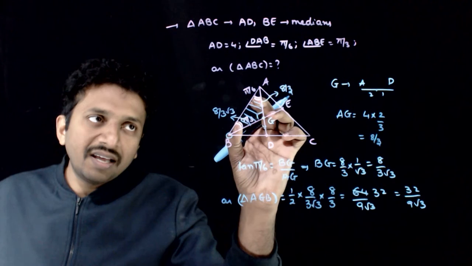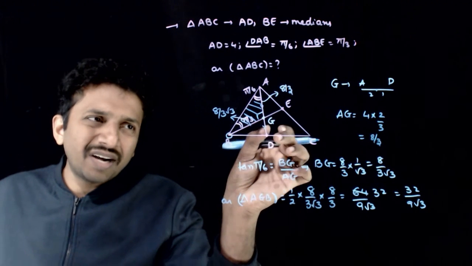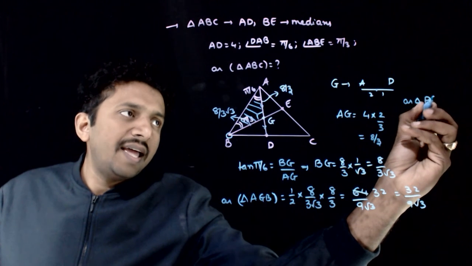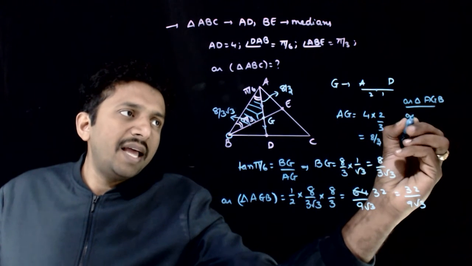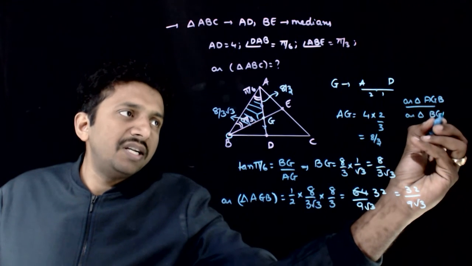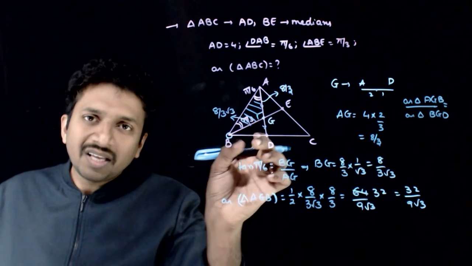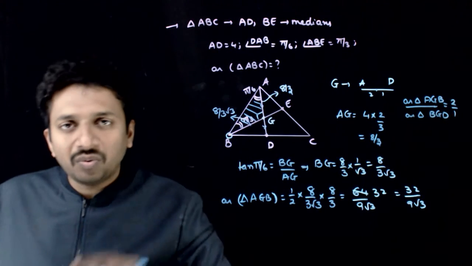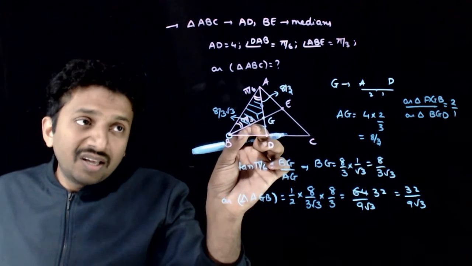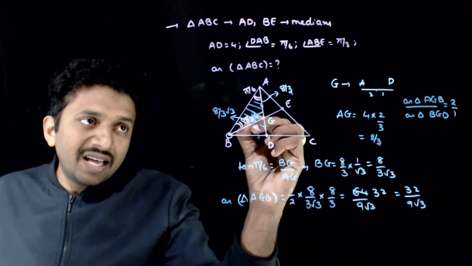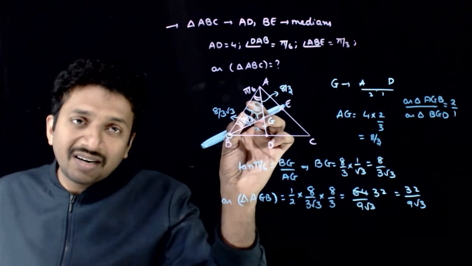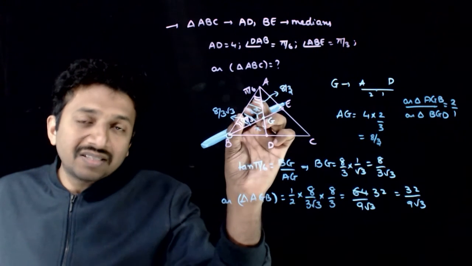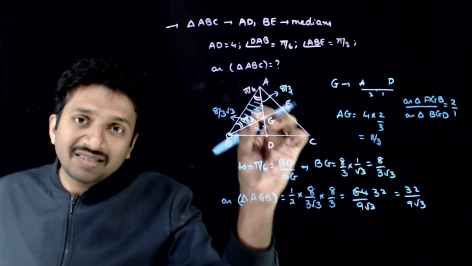So area of triangle AGB by area of triangle BGD is equal to the ratio of their bases, that is 2:1. So if this area is x, this area is 2x, and that means this area is half of this area. So if this area is 2 parts, this total area is 3 parts.